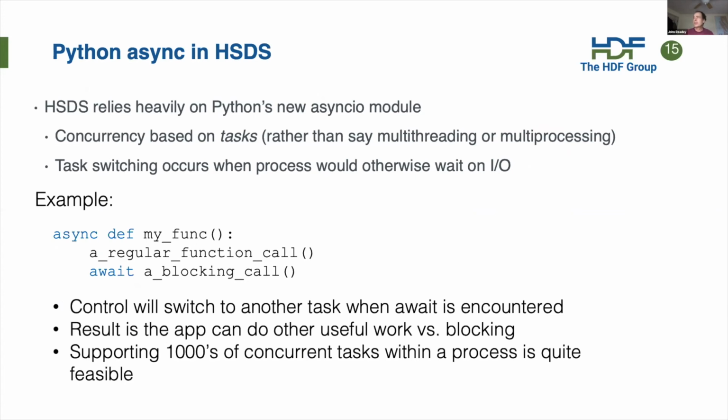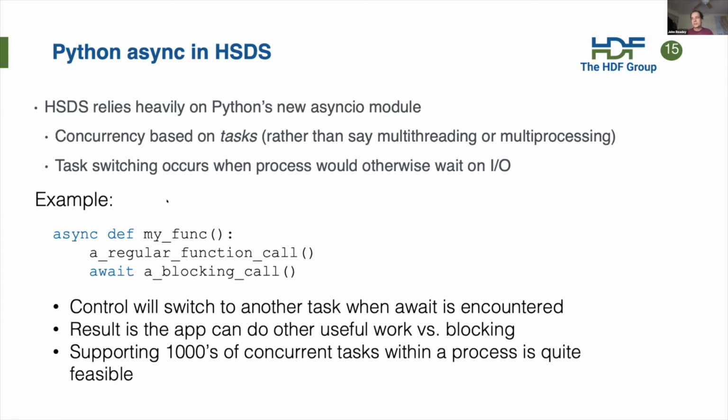So let me talk about async IO. So rather than multi-threading, we use task-based concurrency on the server. And it works like this, right? You have a function, you're doing some regular stuff, and then I want to call something that may take some while to come back. It's going off to a server somewhere.